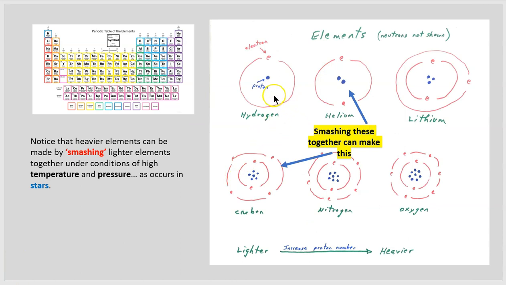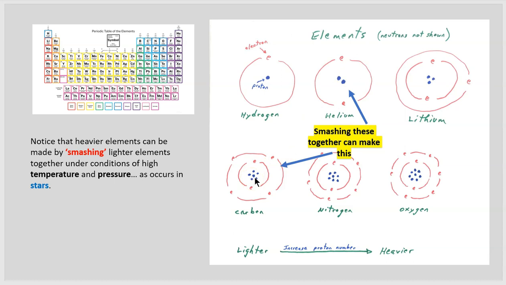We've seen this picture before, so take a look at hydrogen here and helium. When the star has hydrogen, the star is fusing hydrogen nuclei to form helium. But when the star runs out of hydrogen, the star is using this heavier element, helium, and fusing it with other helium nuclei to make even heavier elements. So this is the same story here.